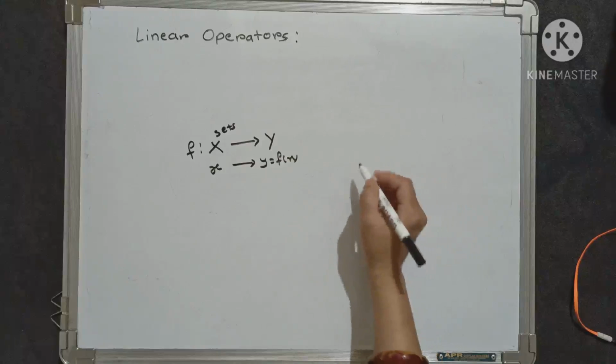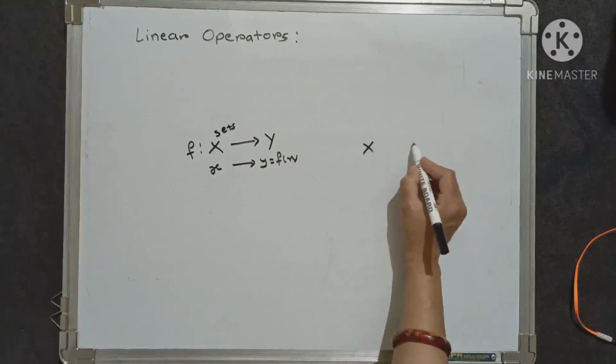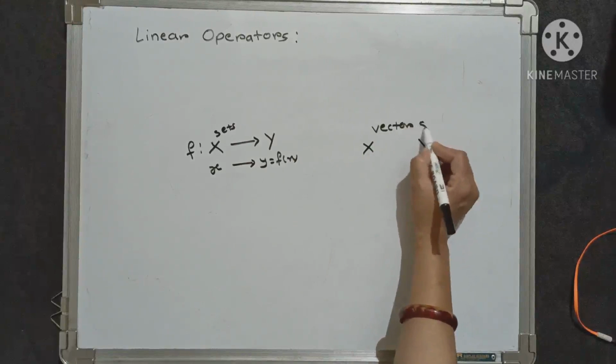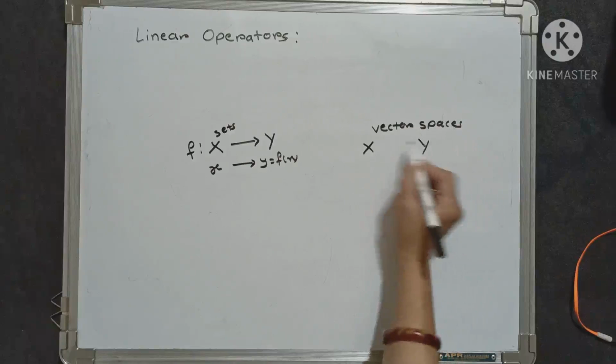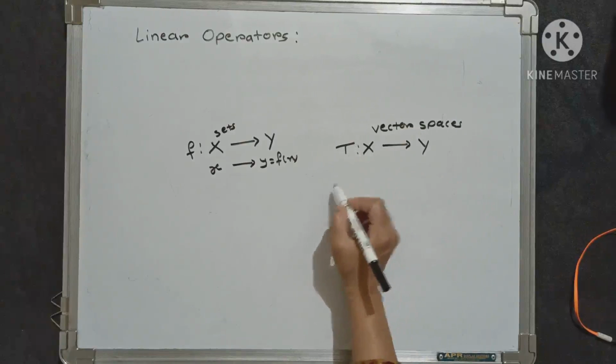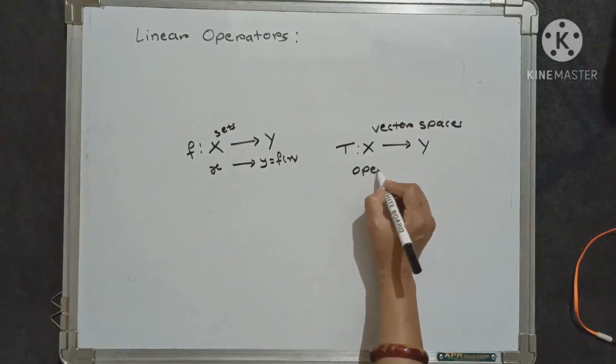Now instead of taking sets, here we take x and y both to be vector spaces. Then the corresponding mapping which we denote as T is now an operator.